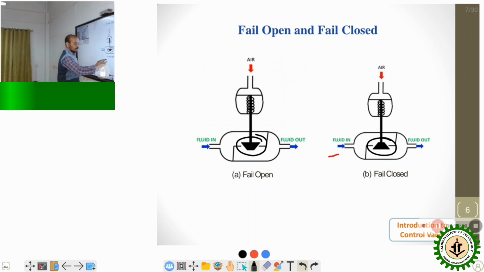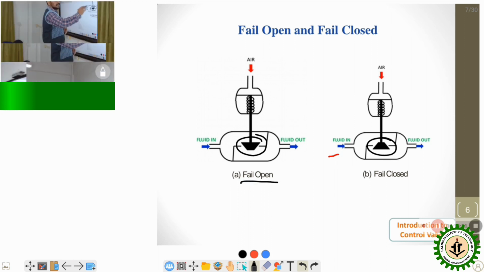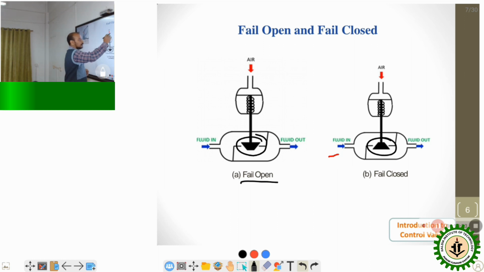For the fail open valve, initially when you are not giving any air pressure signal, 3 to 15 psi, there is no restriction at the orifice area. Your fluid can easily go from the upstream to the downstream side. Whenever you give some pressure, the plug will try to restrict the orifice.